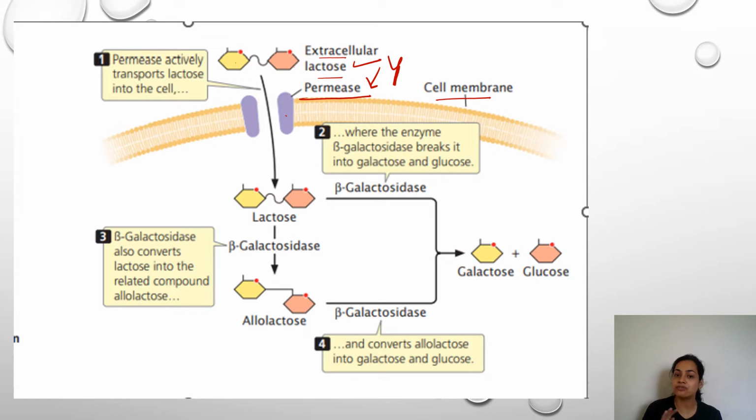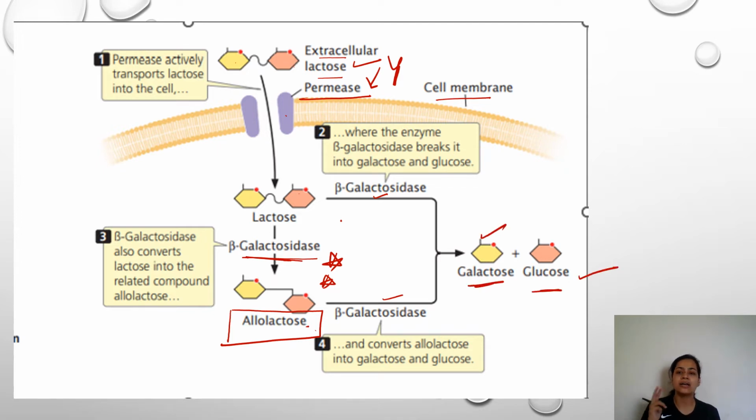Once the lactose is within the cytoplasm, the enzyme beta galactosidase is going to act on it. Beta galactosidase will also perform a very important function here, that it will convert the lactose into a related compound known as allolactose. ठीक है, ये lactose को allolactose में convert कर देगा. Okay, also the beta galactosidase will act on both the lactose and the allolactose and break that disaccharide into the monosaccharides galactose and glucose.